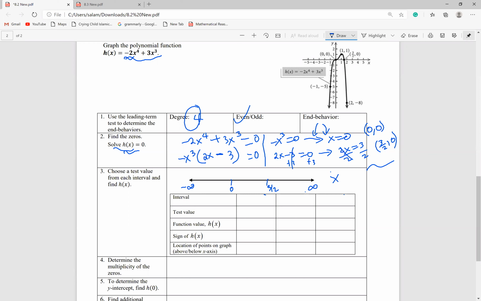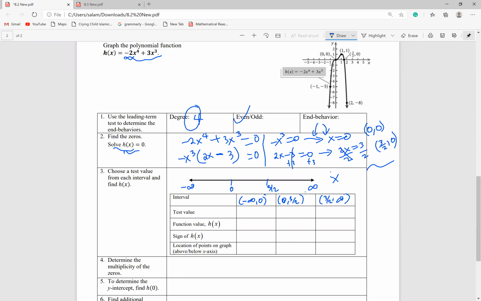The first interval we're going to consider is from negative infinity to 0. The next will be 0 to 3 over 2. And the next will be 3 over 2 to positive infinity.